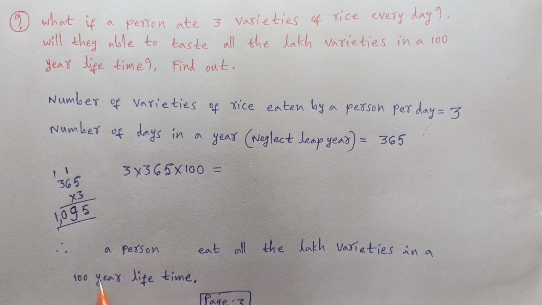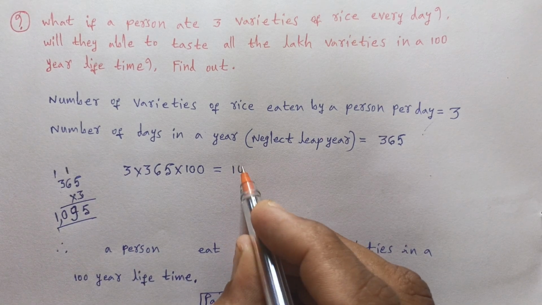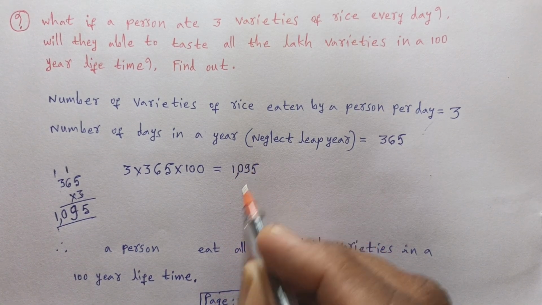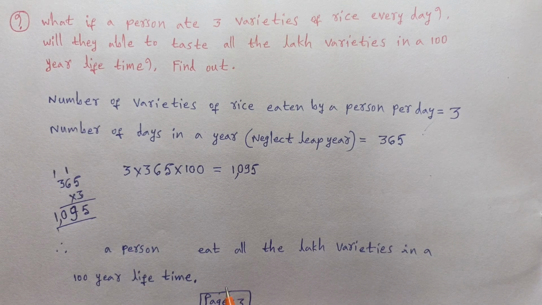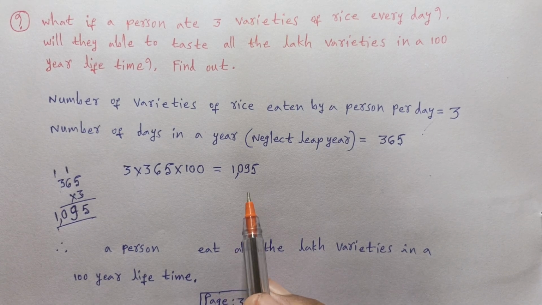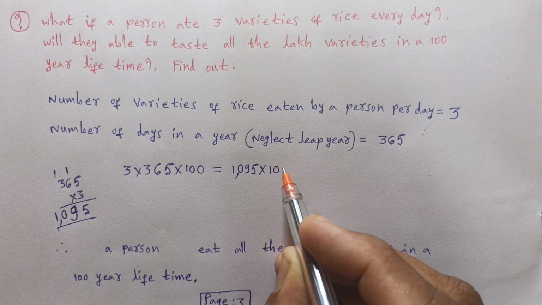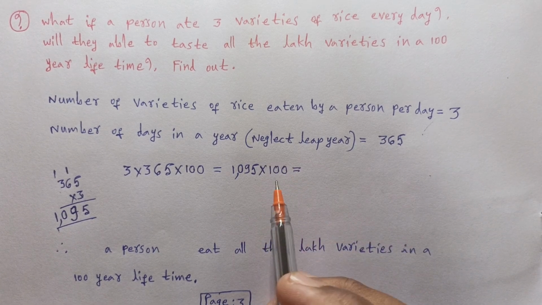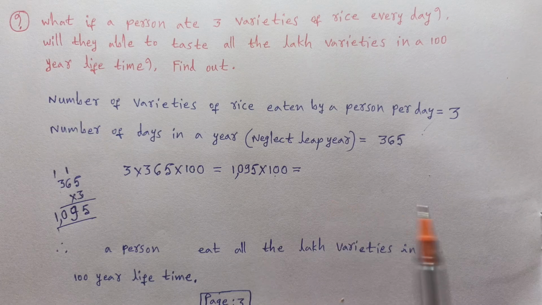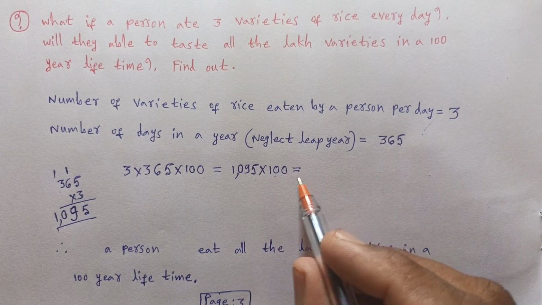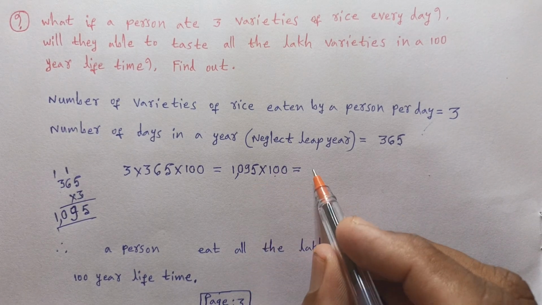So 1095. This many varieties of rice can be eaten by a person in a single year. But if you want to calculate for 100 years, then you can simply insert 2 more zeros after 1095.